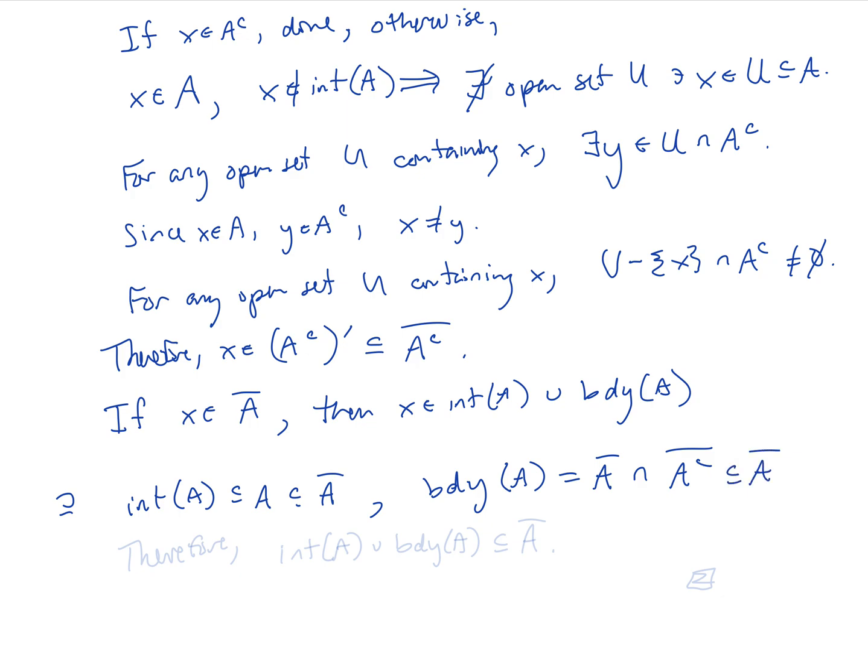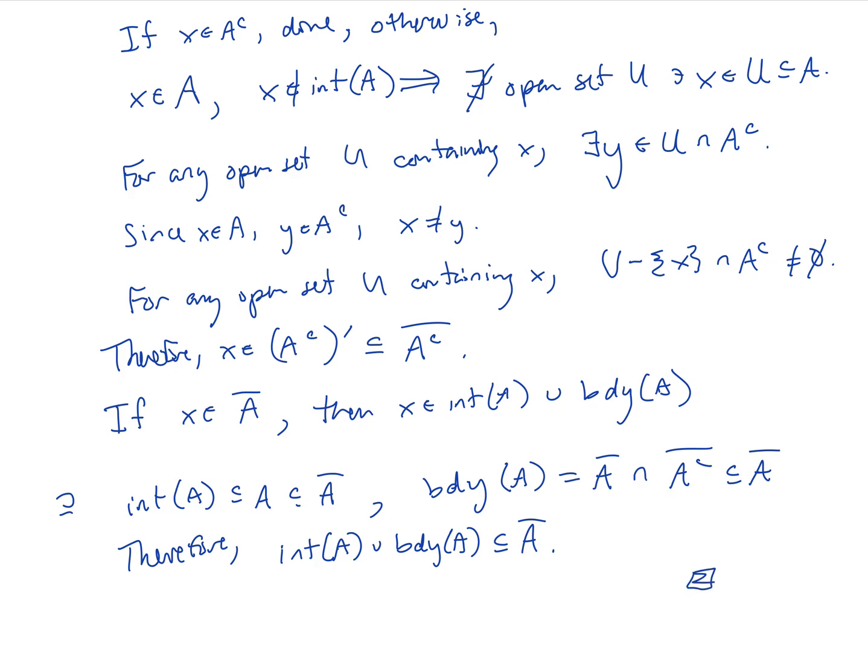So since each of these things are a subset of A closure, therefore the interior of A unioned with the boundary of A is a subset of A closure. So we've shown the set inclusion in both directions, and we're done.